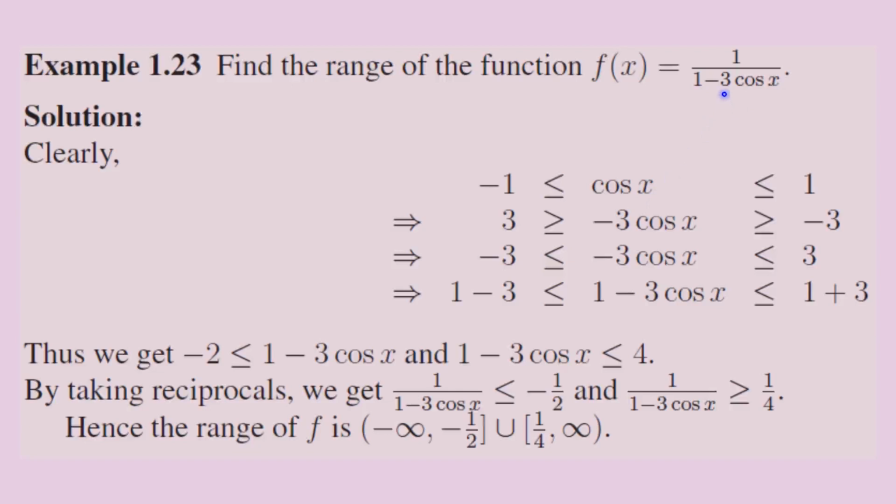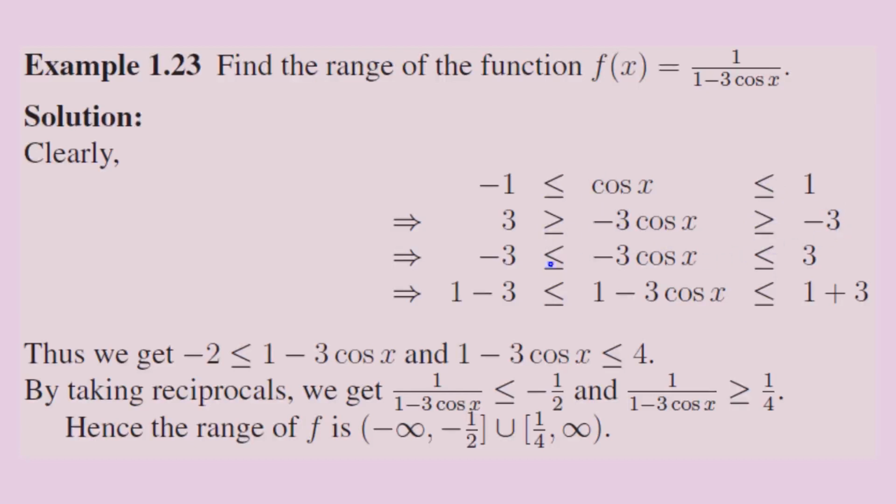So first minus 3-ஆல multiply பண்றோம். Minus 3 into minus 1 plus 3 ஆயிடும். நெகட்டிவ் term-ல multiply பண்றதுனால less than or equal to sign greater than or equal to sign-ஆ மாறிடும். Then here minus 3 cos x, here also greater than or equal to minus 3 கிடைக்கும்.